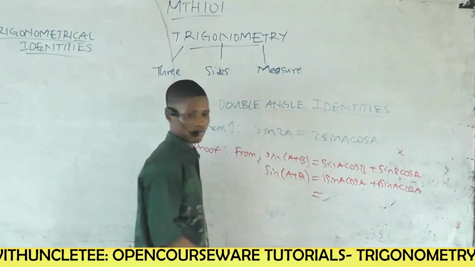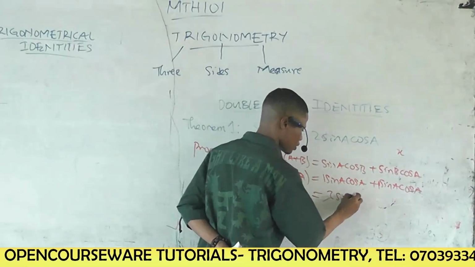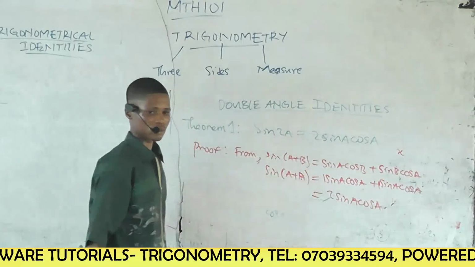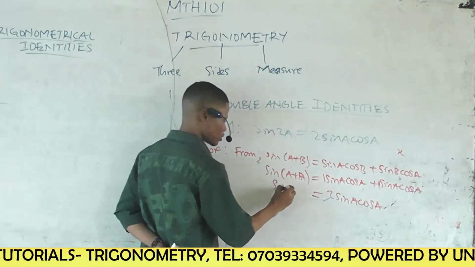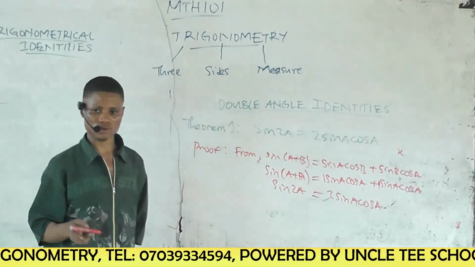X plus x will give you 2x. So this will give you 2 sine A cos A. So it means that sine 2A is equal to 2 sine A cos A.